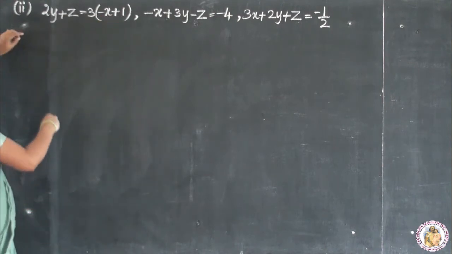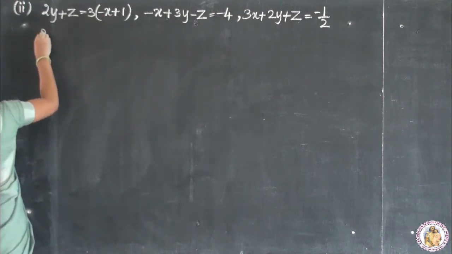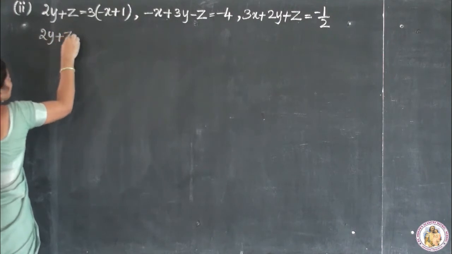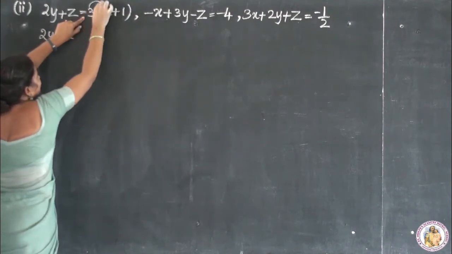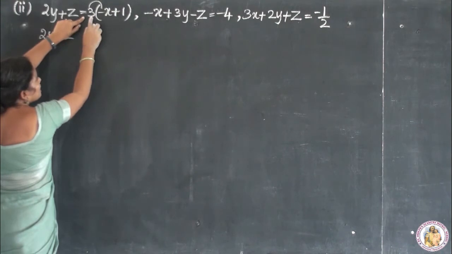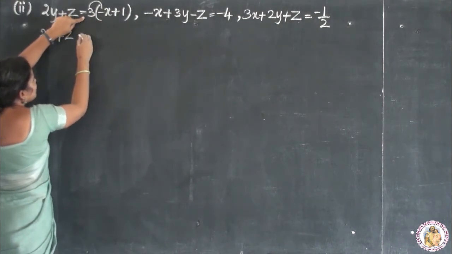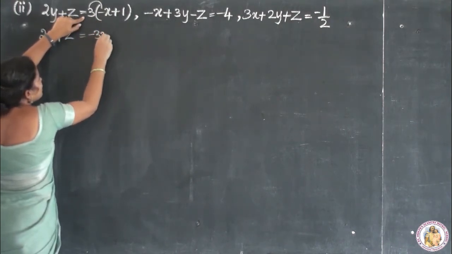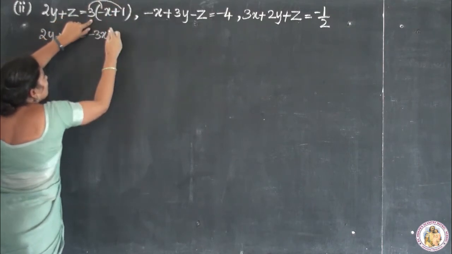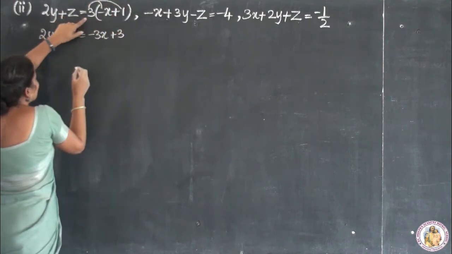We can convert this into an equation. So 2y plus z is equal to, multiply with this 3, plus 3 into minus x is equal to minus 3x, plus 1, 3 ones are 3.